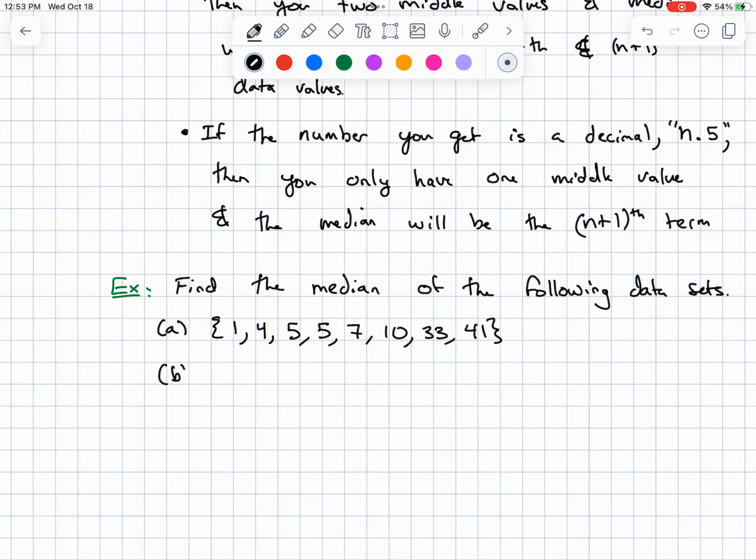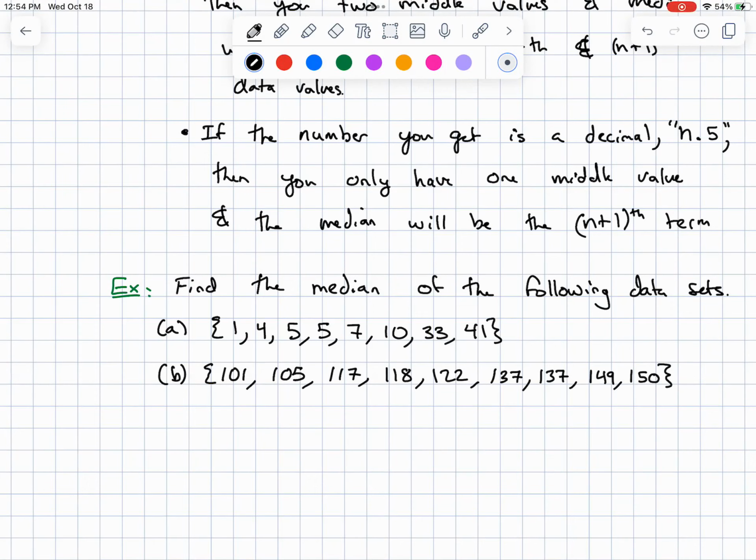And the second one will be 101, 105, 117, 118, 122, 137, 137 again, 149, and 150.